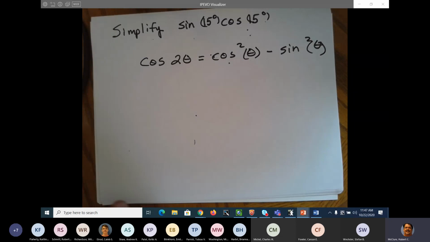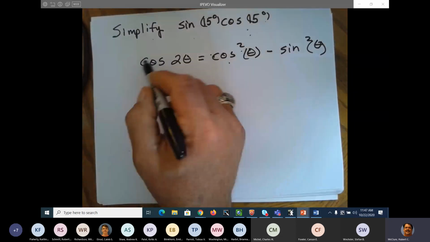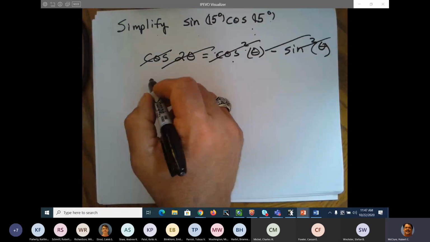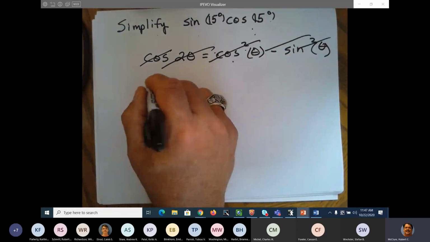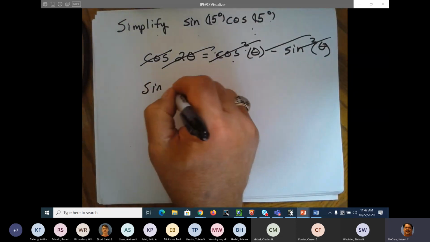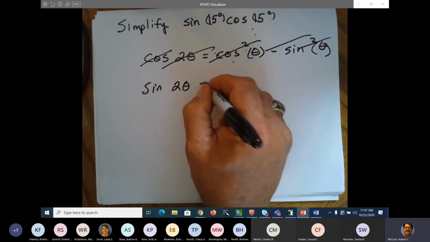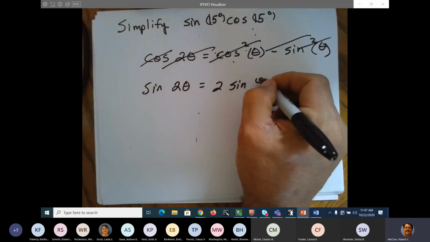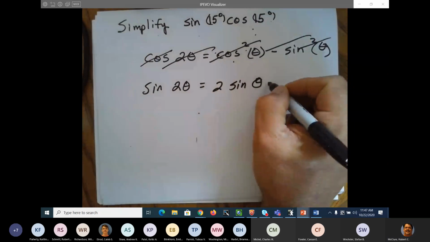No, we're going to use the sine on this one because that's squared. My bad. We're going to use the sine of 2 theta, sorry, which is equal to 2 sine theta cosine theta.